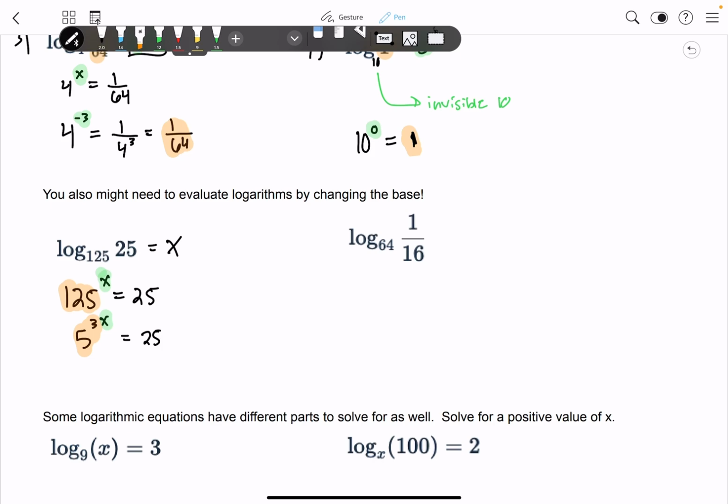We're going to need to get 25 in the same base. We want to change that so that it's a base of 5. And now we can set those exponents equal to each other because they have the same base. So our exponent is 2 over 3. I know that's weird, but it's okay. Sometimes exponents are fractions.